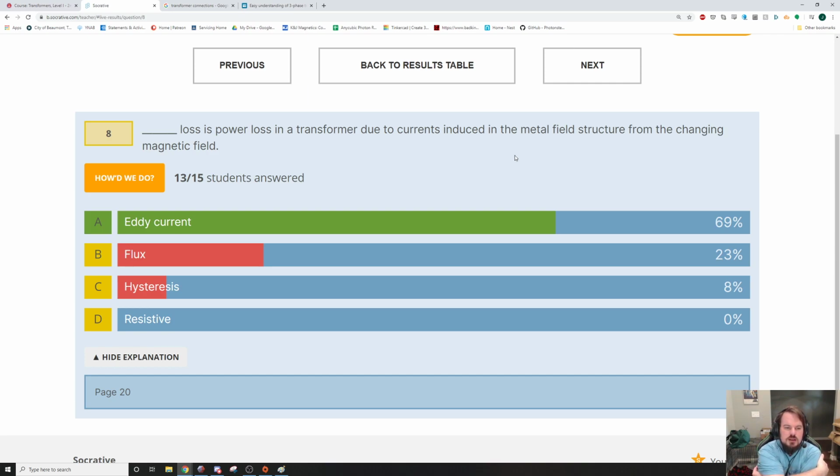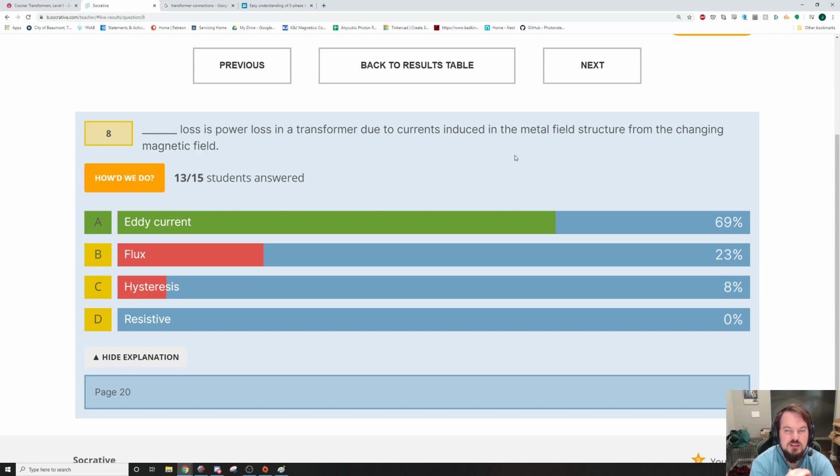Let's see. Eddy currents are whenever the frequency of the current is higher, the eddy currents from it changing back and forth grow. There's more eddy current loss.